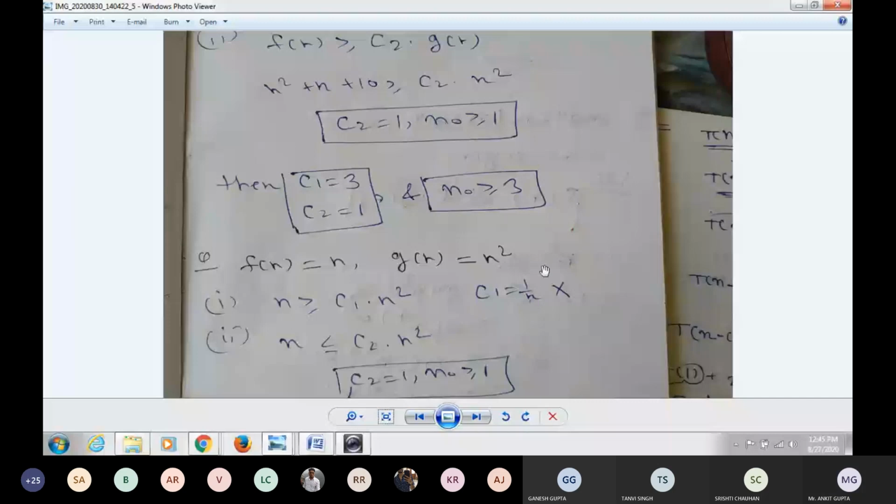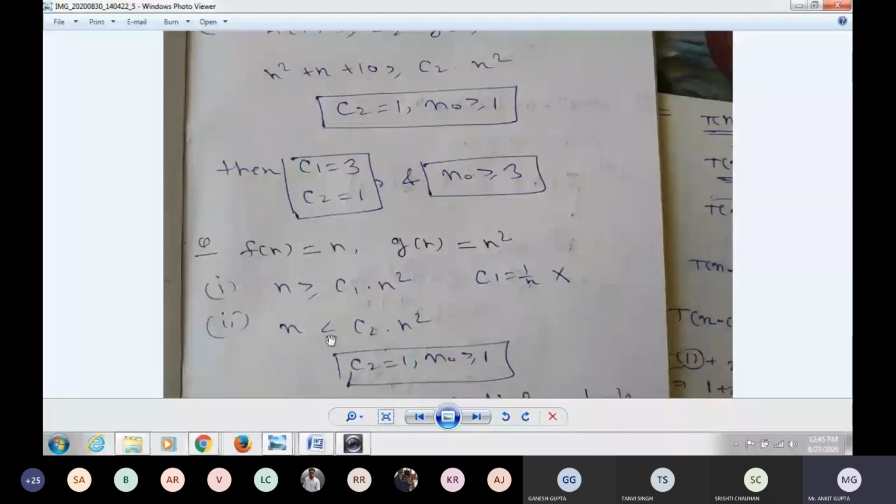So it cannot be true. And the second is n less than or equal to C2 into n square, which is satisfied, big O. But the first condition is not satisfied.